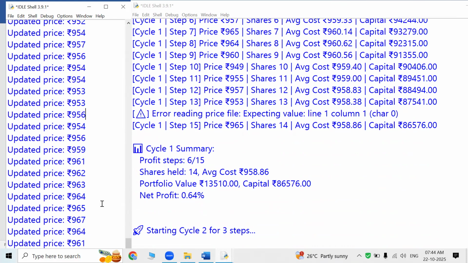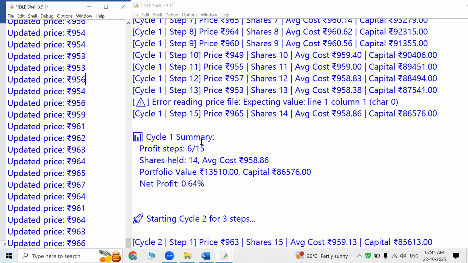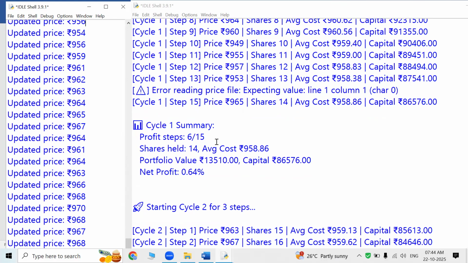Now the interesting part is we are starting with cycle 2. Okay, 6 steps were profitable, so now we are going to take 3 steps. The best part is it has shown the worst case scenario. Now it's showing the working of it.